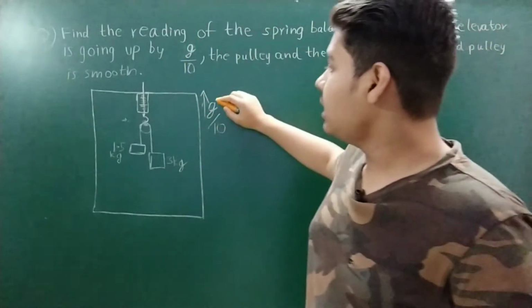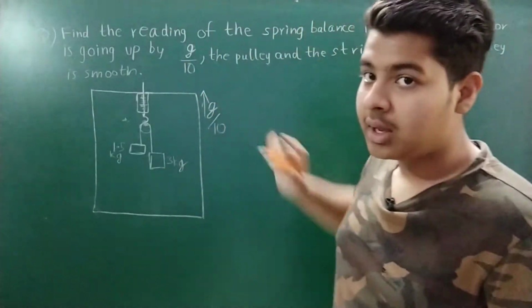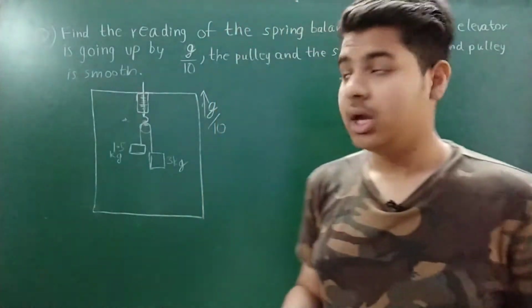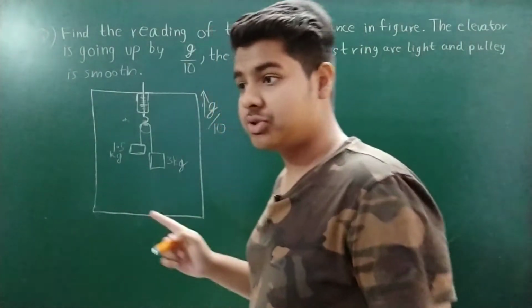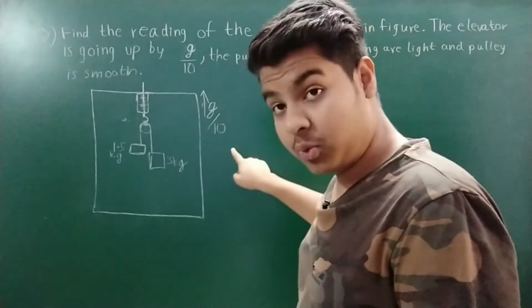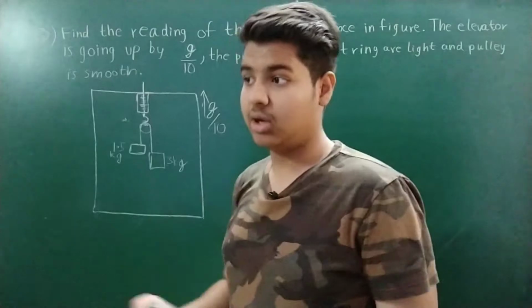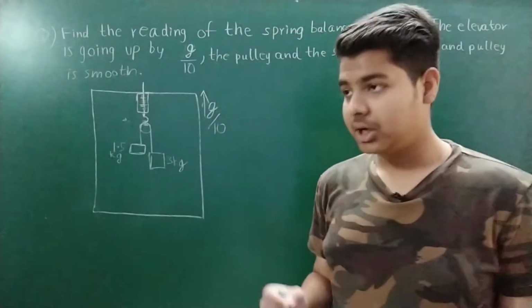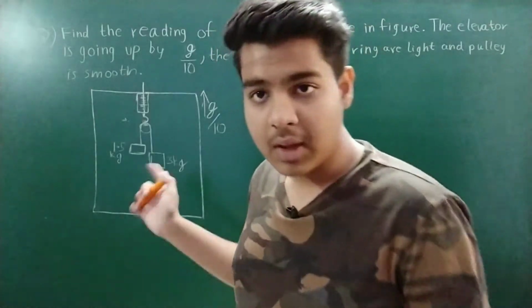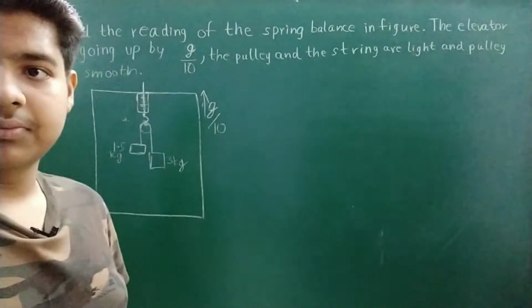And do not consider g by 10 as acceleration, because however much the lift goes up, this will always be acting downwards. This is a tip that you have to keep in mind. So without wasting our time, let's start doing our question.